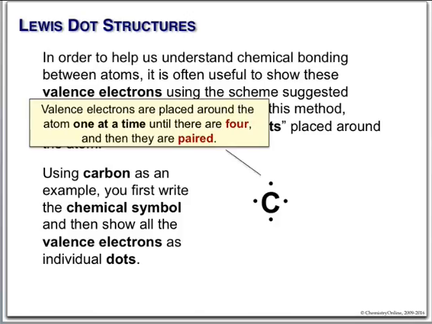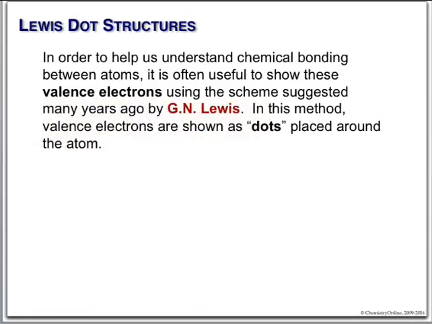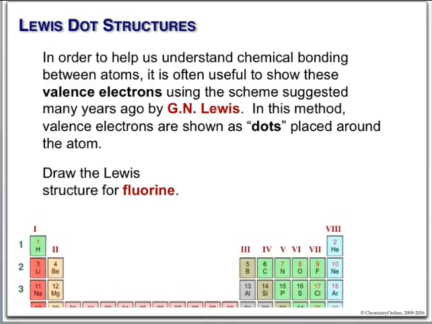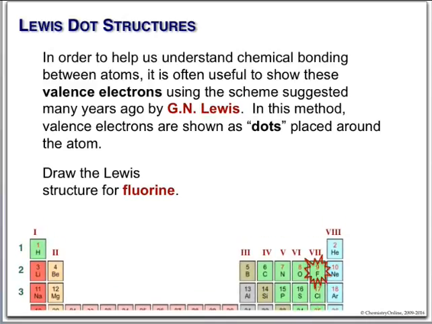Let's do fluorine. For fluorine, we're over here, right here. We have 1, 2, 3, 4, 5, 6, 7 valence electrons, right?